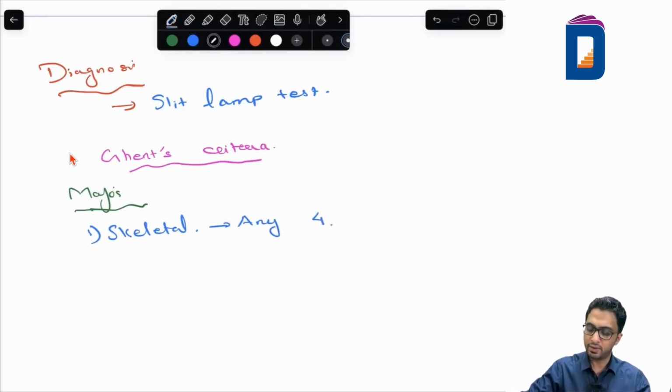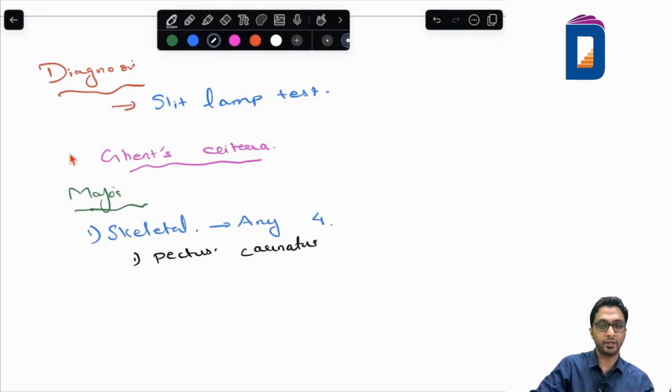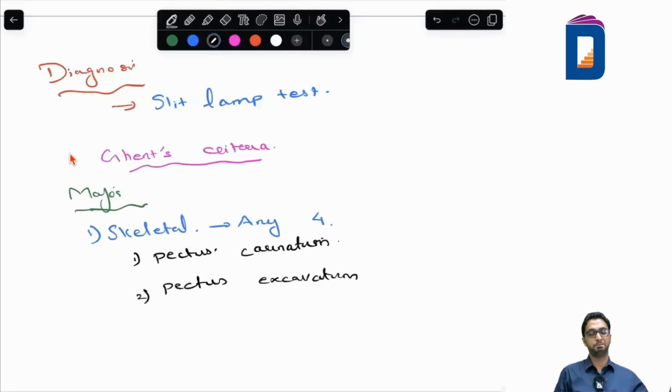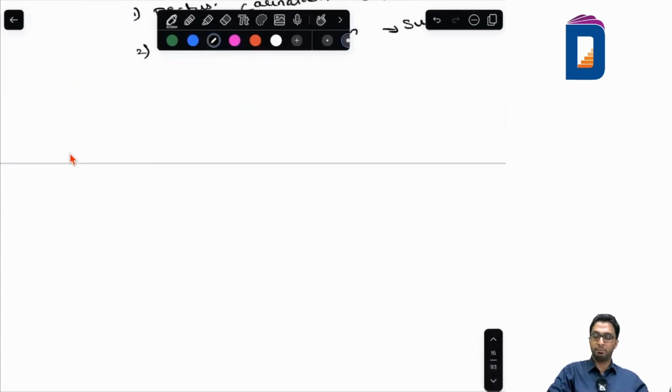But then two terms are there which you should be aware about: pectus carinatum and pectus excavatum. Excavatum is excavated, sunken, going inside. Carinatum is protruding. Pectus is something related to your chest. So carinatum is where the patient's chest is protruding, and excavatum is sunken inside. These two are among the major criteria.